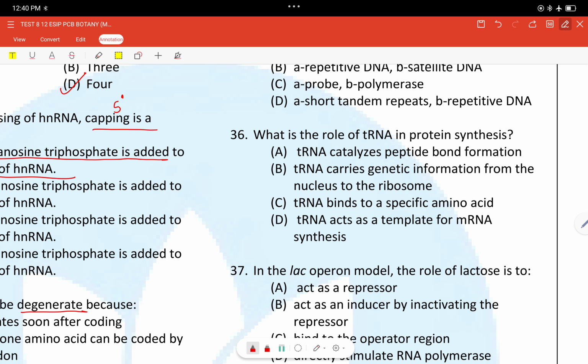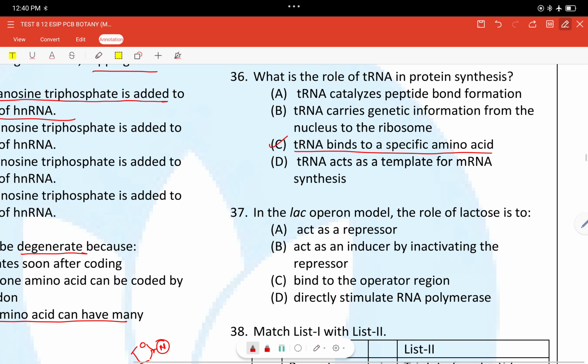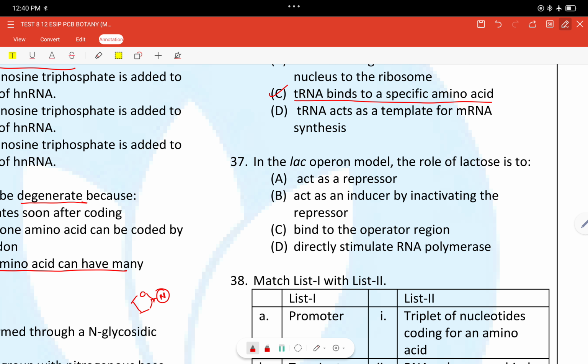What is the role of tRNA in protein synthesis? tRNA binds to a specific amino acid. It acts as transfer RNA. It brings the amino acid to the complex for synthesis of protein. In the lac operon model, lactose acts as an inducer molecule. In the presence of lactose, the repressor protein gets inactivated.